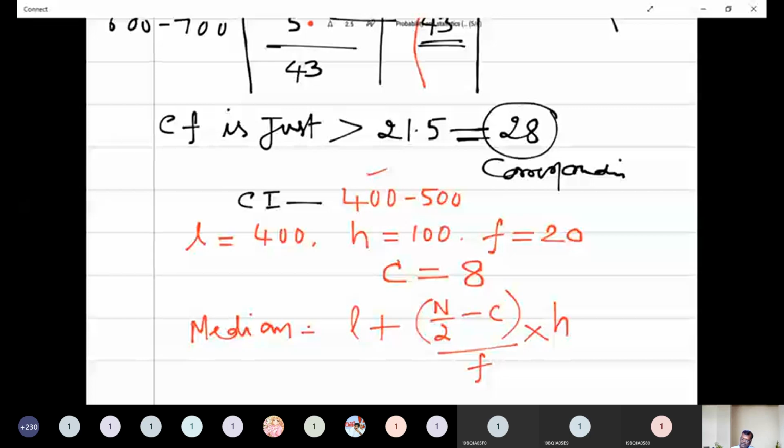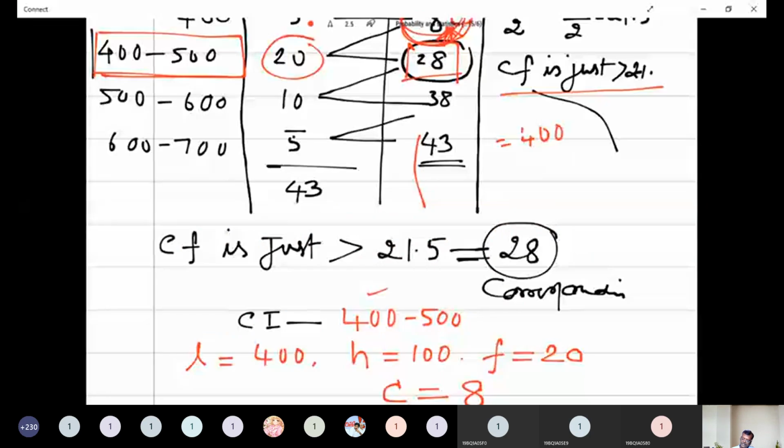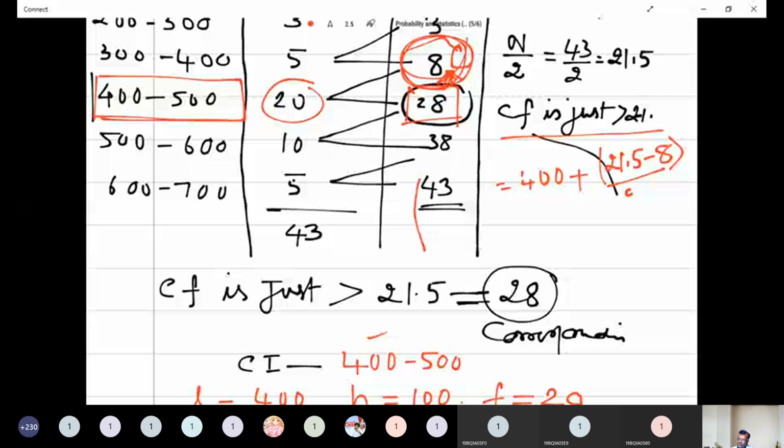L is 400, plus N by 2 is equal to 21.5 minus C, corresponding 8, by corresponding frequency 20, into H, 100.